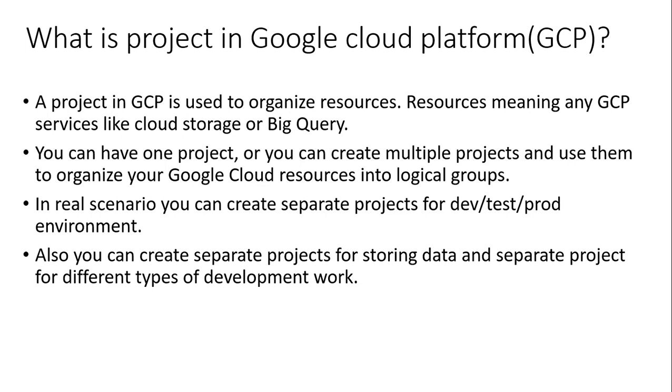For example, in a real scenario, you can create separate projects for dev environment, test environment, and prod environment. Also, you can create a separate project for storing data and a separate project for development work. So we can organize everything with the help of projects.